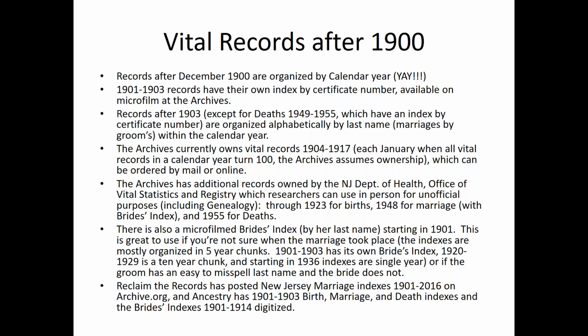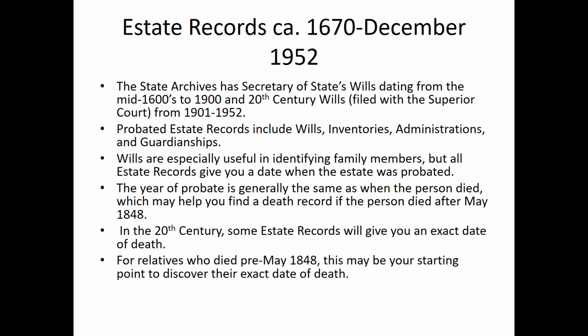And the bride's indexes are also digitized on Ancestry, 1901 to 1914. Again, I have the links to Reclaim the Records posted on the Genealogy Research Guide, so you can navigate straight to all of the indexes on archive.org from there. So that is the vital records.